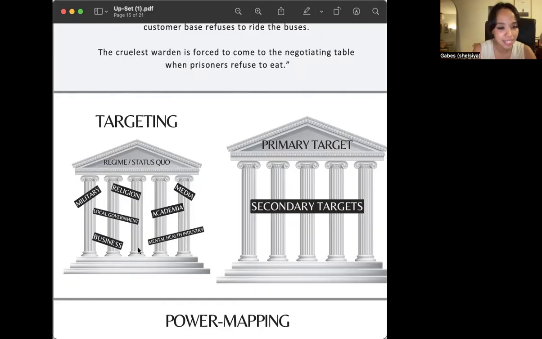And these entities and individuals, as said, are called the pillars of support. Again, they keep the primary target's position of power. So knowing the secondary targets can be as important as knowing your primary ones. Is there an individual or a group of individuals who have the power to remove the primary target's power?